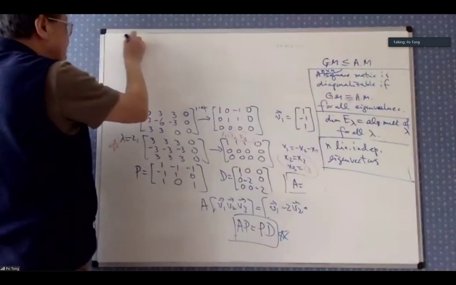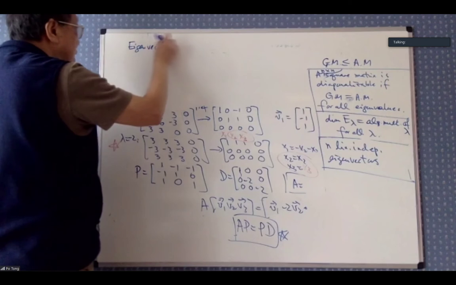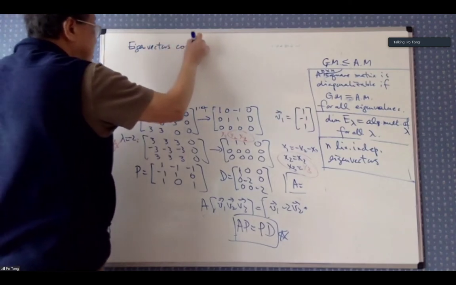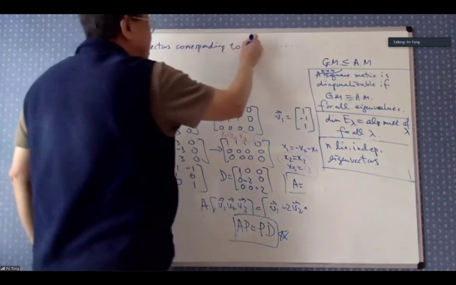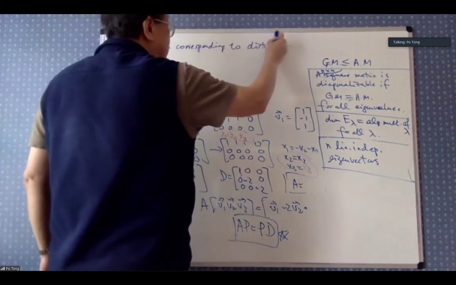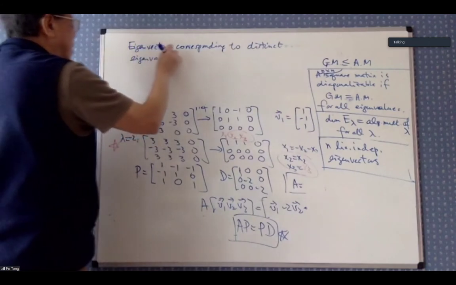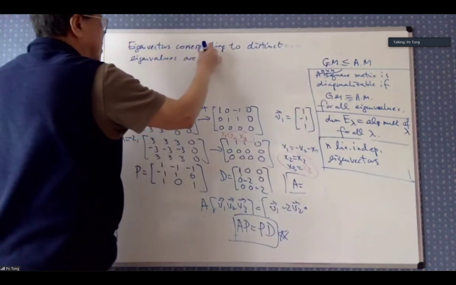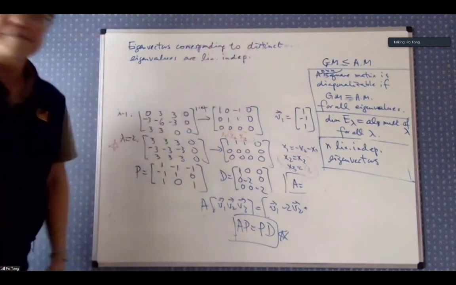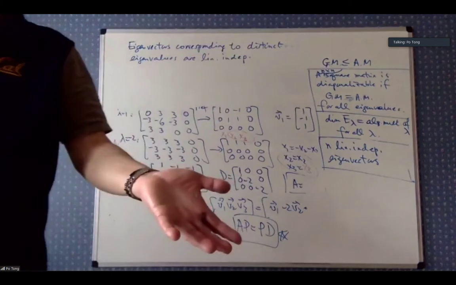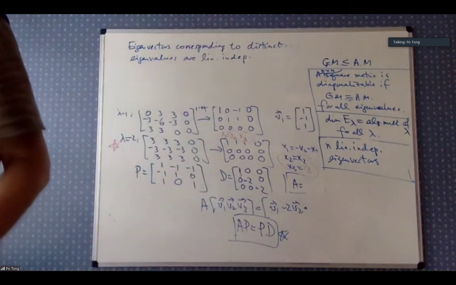Okay, eigenvectors corresponding to distinct, that means different, eigenvalues are linearly independent. Okay. So if all the eigenvalues are distinct, then it's going to be okay.